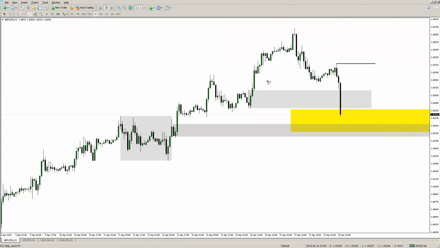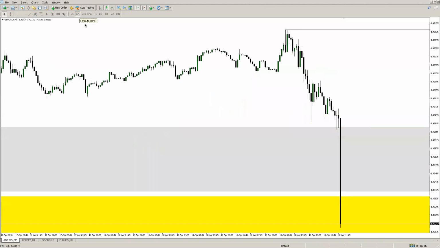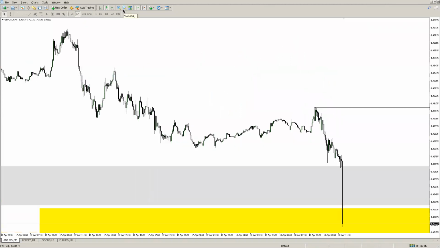This gray box could then act as support turn resistance. We could get a push into there and then a continuation lower for the remainder of London session into New York. So at the moment, I don't see anything clear for this until I get the things in price action that I told you guys we're looking for.